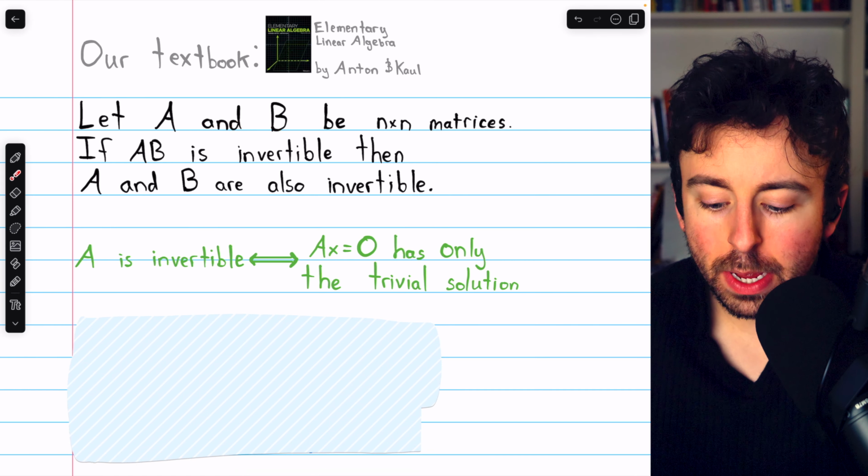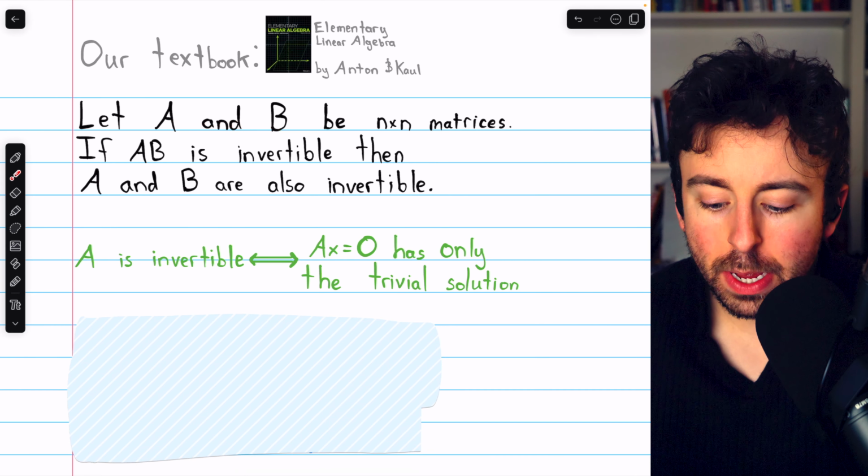That's assumed. Now, we know that A times B times x naught equals A times Bx naught. And Bx naught, we know, is 0 because we took x naught to be a solution of the system Bx equals 0. Thus, AB times x naught equals A times 0, which is 0.